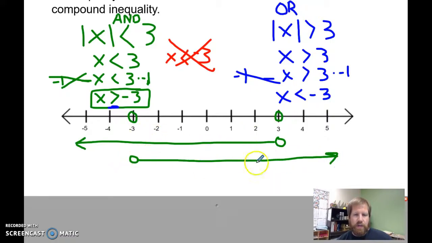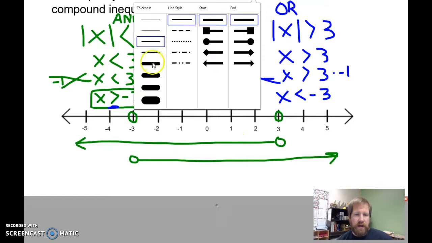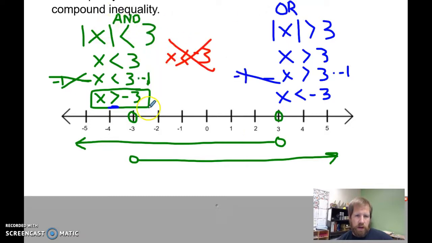Anytime you have two inequalities that overlap, that makes it your AND compound inequality, because we're looking at solutions that satisfy both of these inequalities, and that'll be anywhere they overlap.